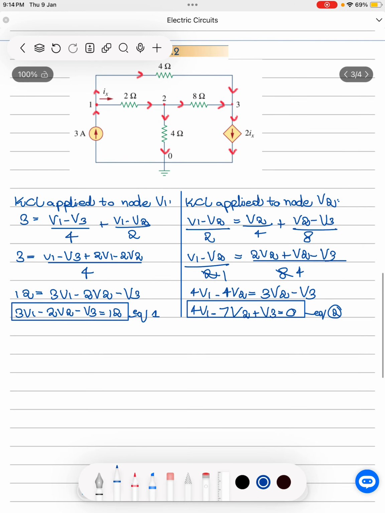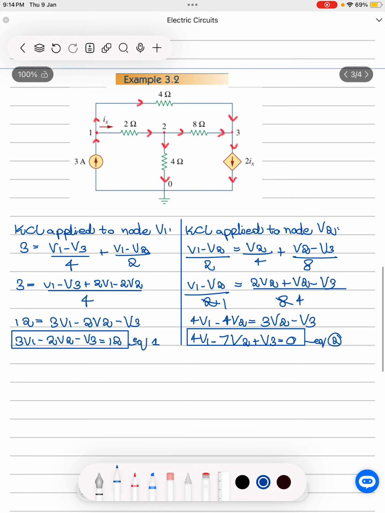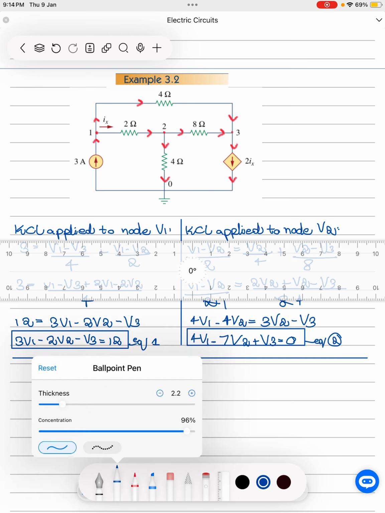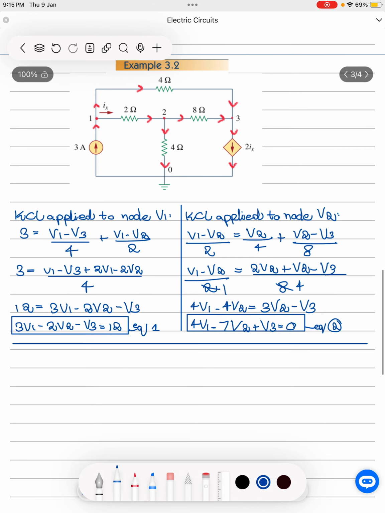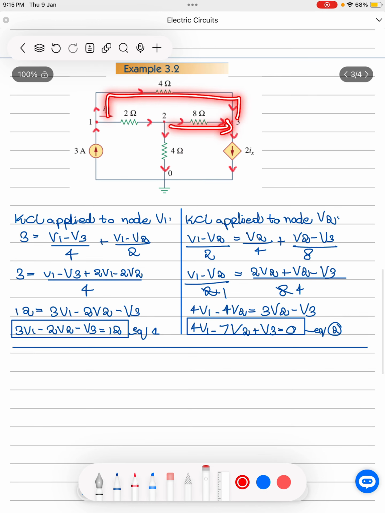Alright, now we have to apply KCL on the node V3. Applying KCL on node V3, the currents which are entering node V3 are this current and this current, and the current which is leaving is this one.